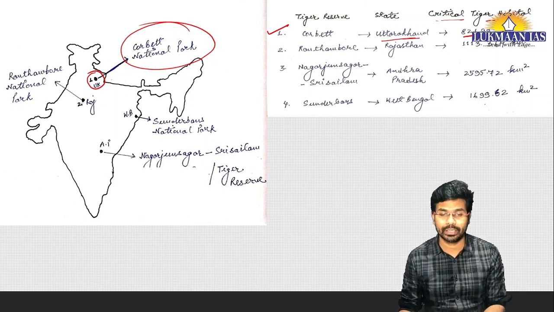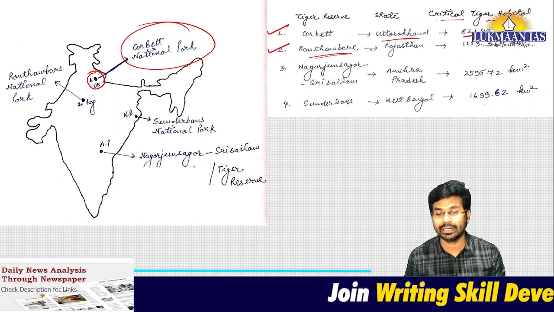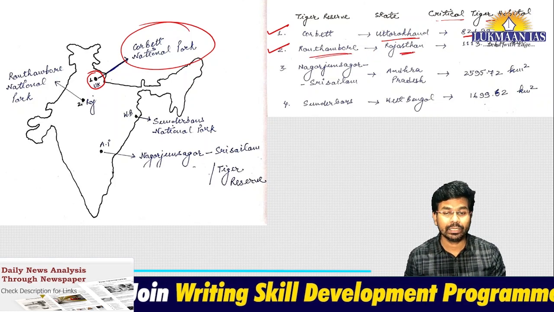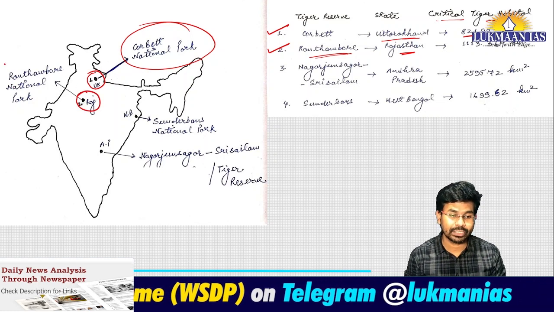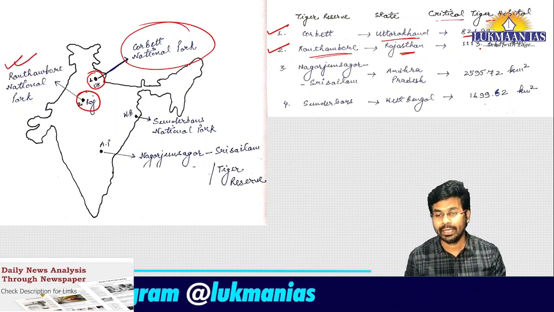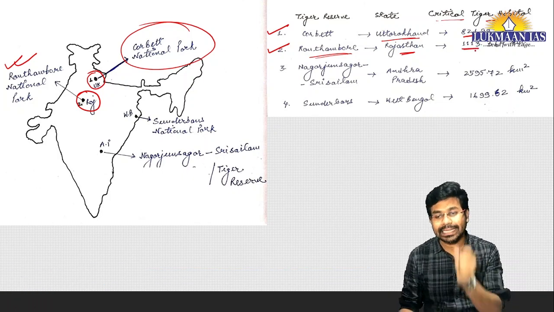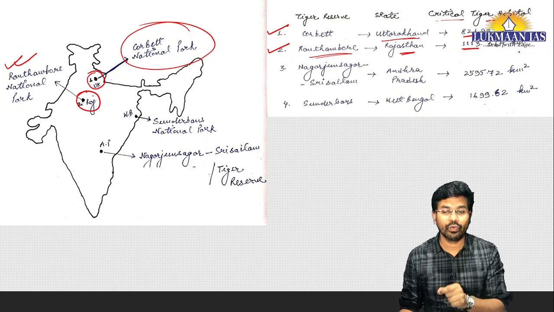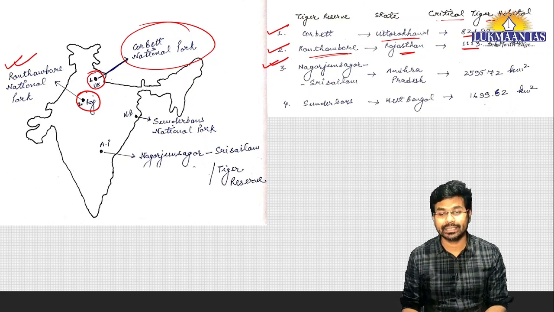If we talk about the Ranthambore Tiger Reserve or National Park, it is located in the state of Rajasthan. So this is the location of Ranthambore National Park or Tiger Reserve. Its core area is 1113.364 square kilometers. If we talk about Nagarjun Sagar Sri Sailam Tiger Reserve, it is located in the state of Andhra Pradesh.